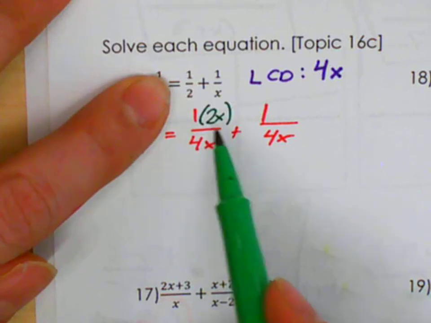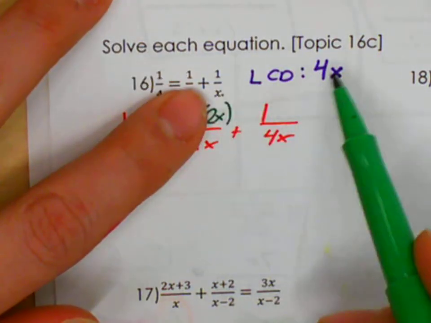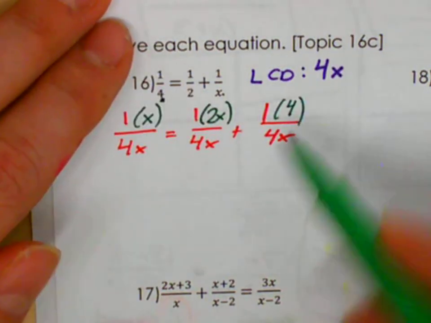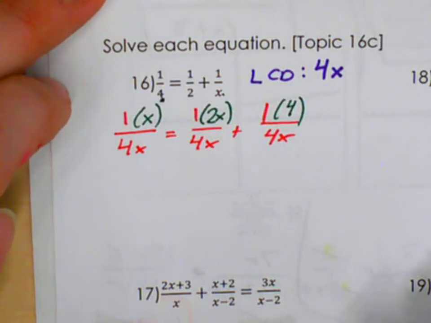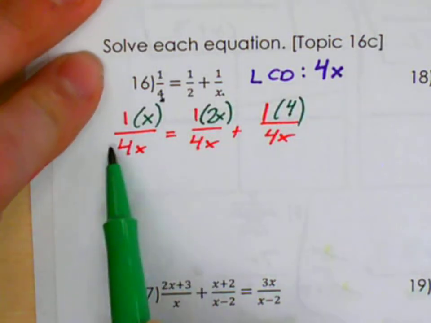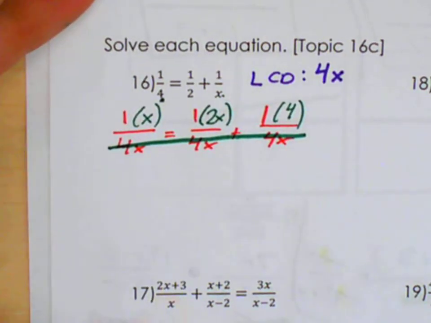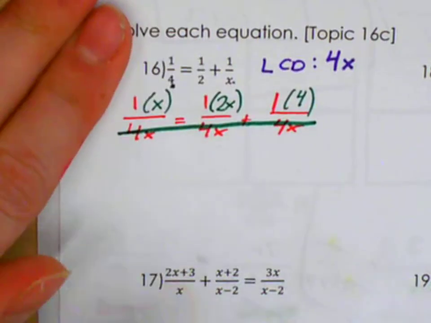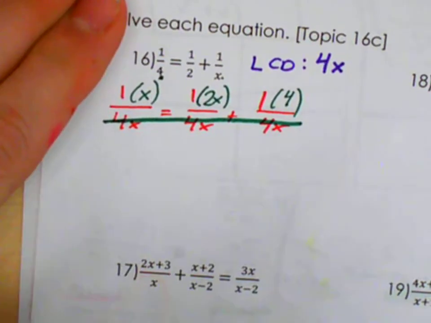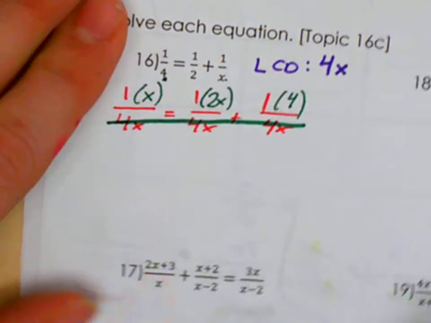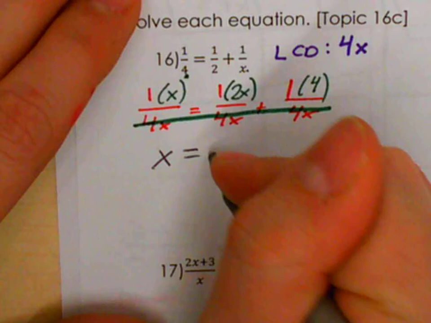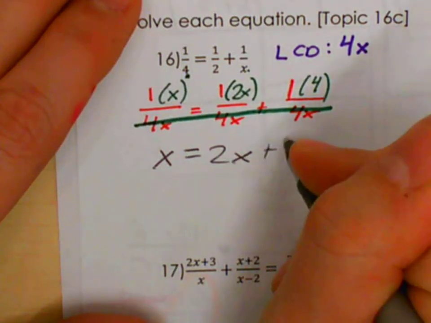That's what I'm missing. And then this last one, between the x and the 4x, I'm missing the 4. So once I've done that and I have a common denominator, I don't need to worry about the denominators anymore. Now I just need to worry about the numerators. So I've got 1 times x, which is just x, equals 2x plus 4.